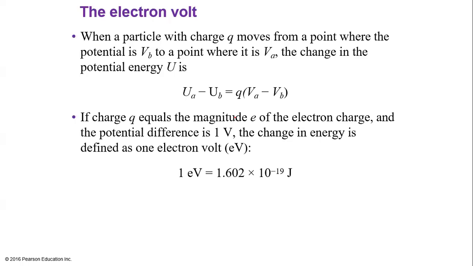If the charge q has the magnitude e of an electron charge, the potential difference is just 1 volt, and the change in energy is defined to be 1 electron volt, or eV. You can use this conversion factor: 1 eV is equal to 1.602 times 10 to the negative 19 joules.